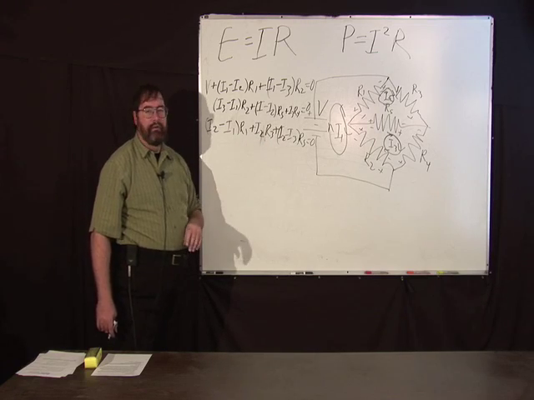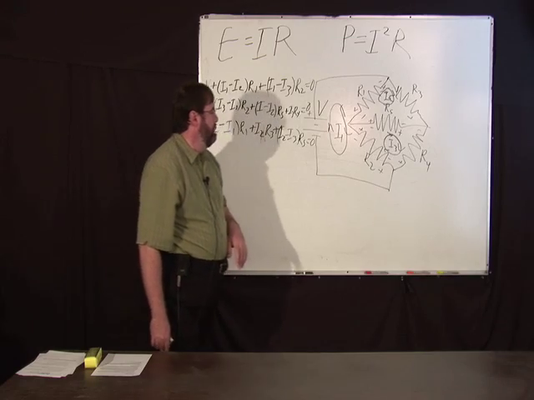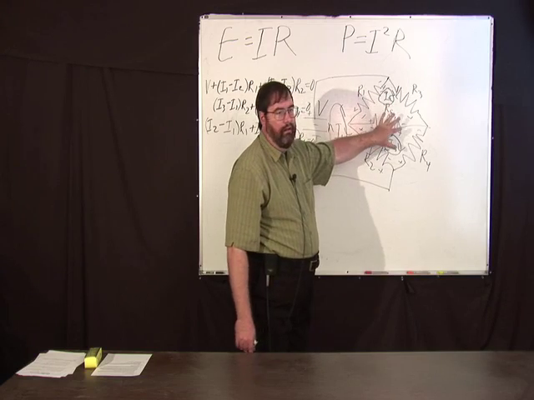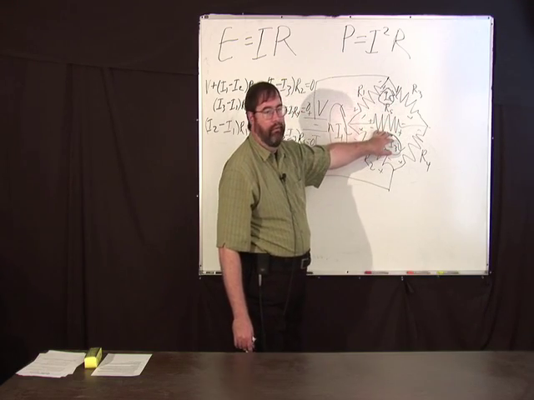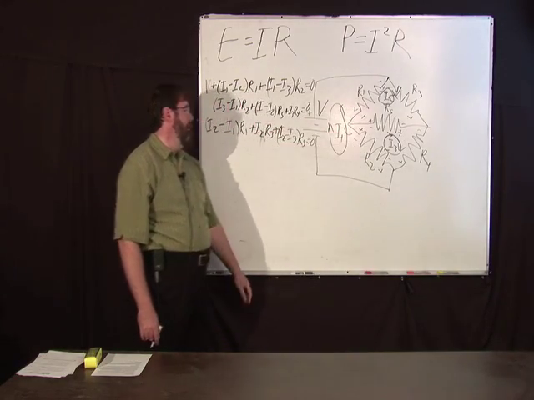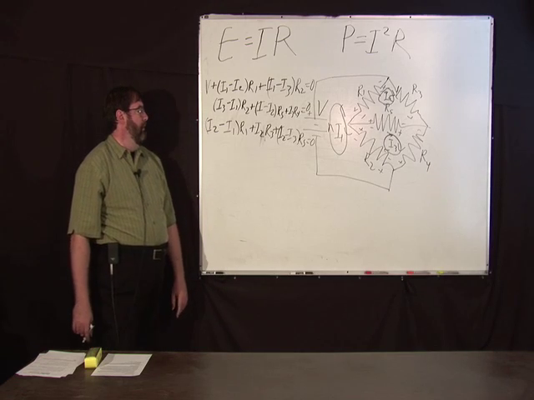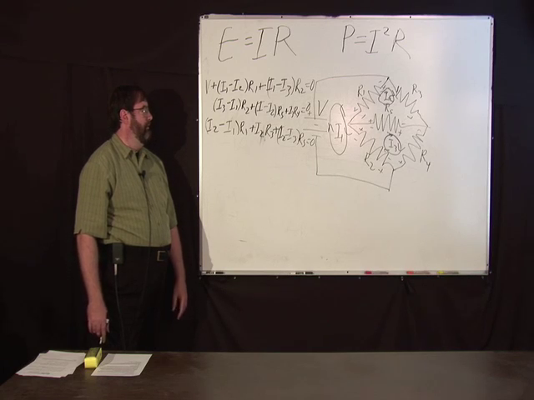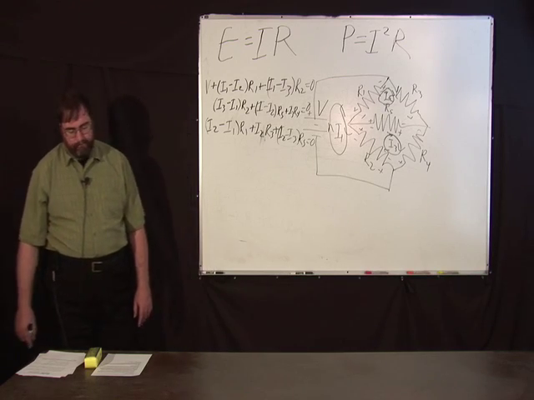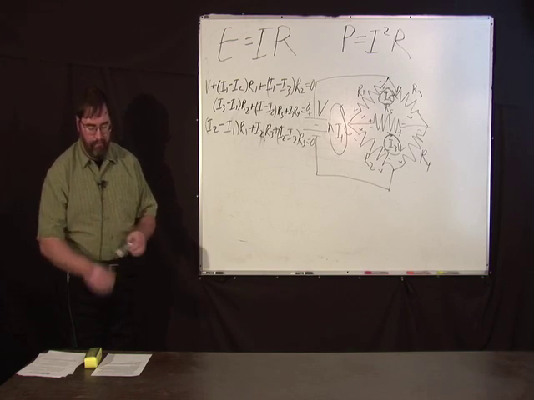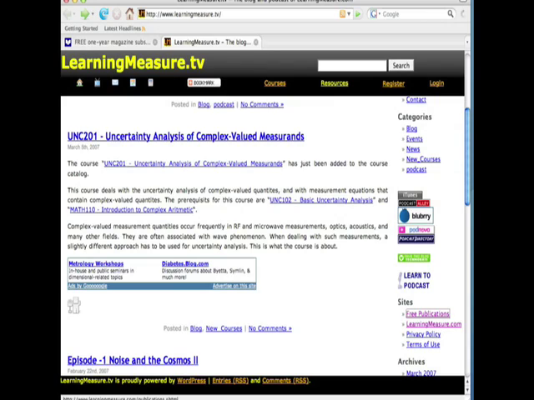You can know what all the voltages are. In particular, you can figure out if this thing is unbalanced, what's the voltage here? What's the current here? What would it take to balance the bridge? There's all kinds of things you can do with this. Anyway, we'll leave that at that right now, and we'll come back after this short ad.